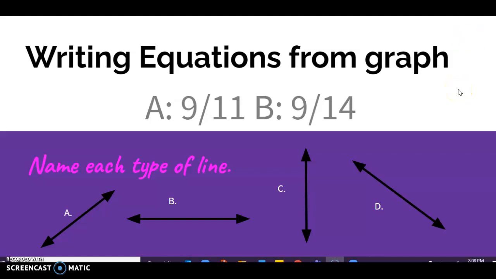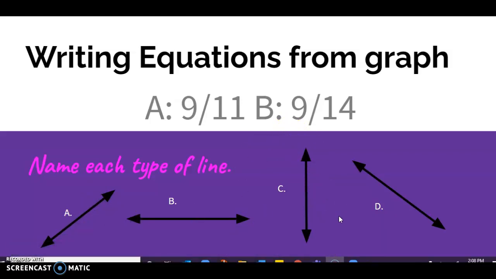Hi guys, we started today's class by identifying each type of line that was shown right here on the screen. We're still writing equations from graphs, but what I did want you to do with these lines is go back and reference your notes.